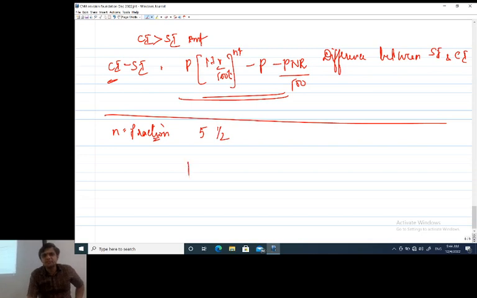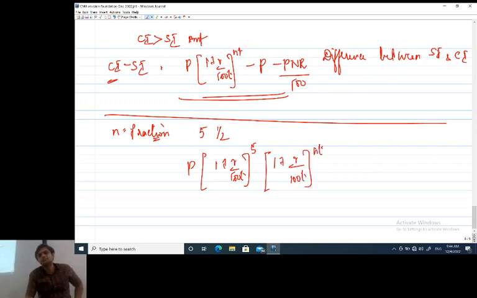Up to 5 years, first write the formula: 1 plus r by 100t the whole power 5. For the last half year, this is going to be the principal. Agree? So this will further be multiplied by 1 plus r by 100t the whole power nt, where this portion of n will be 0.5.